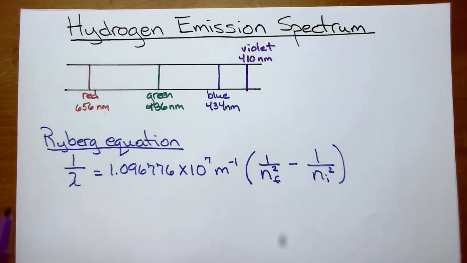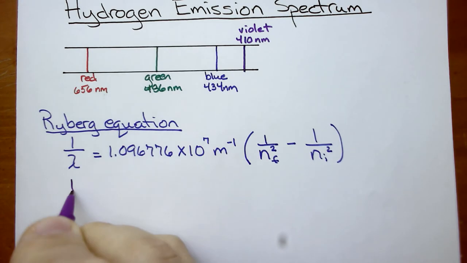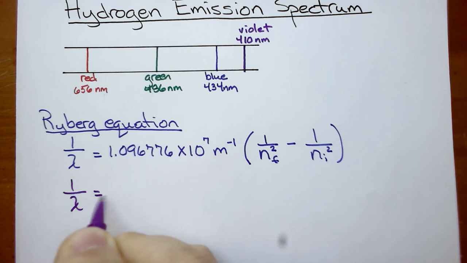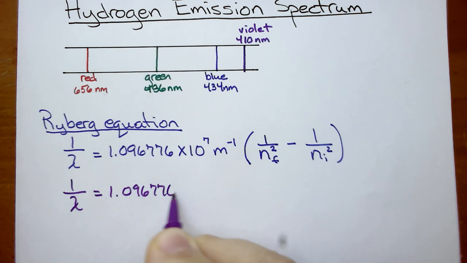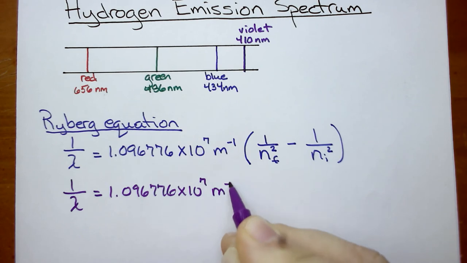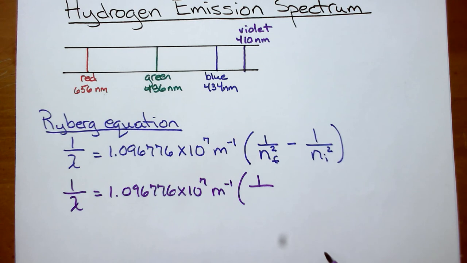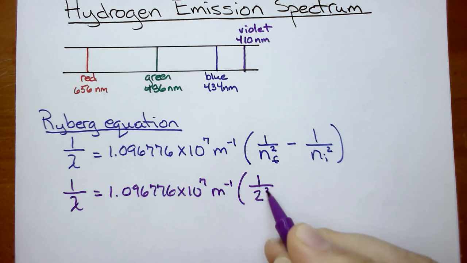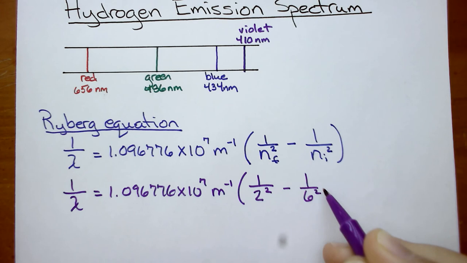So I'm going to use a violet colored pen and go through the equation. 1 over lambda is equal to 1.096776 times 10 to the 7th inverse meters times, well, let's say we drop from the 6th energy level to the second, so the final would be the second energy level squared minus the initial, which would be the sixth energy level squared.